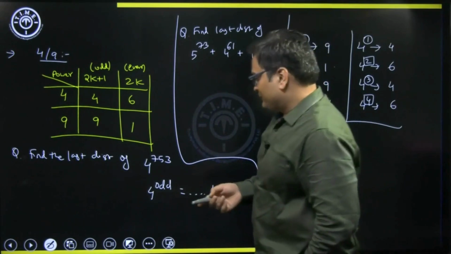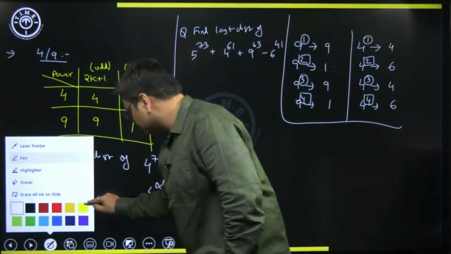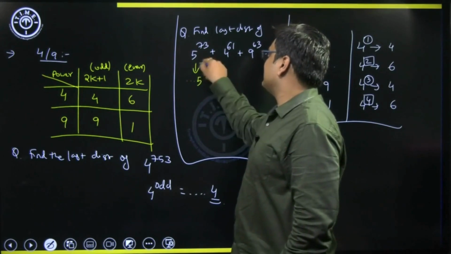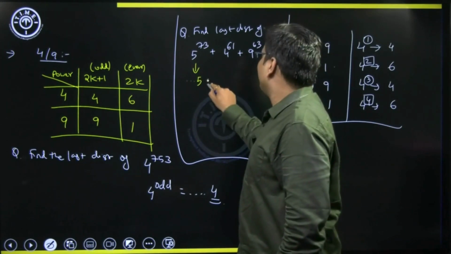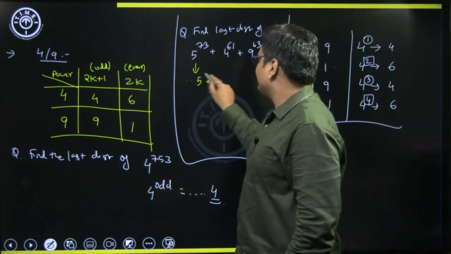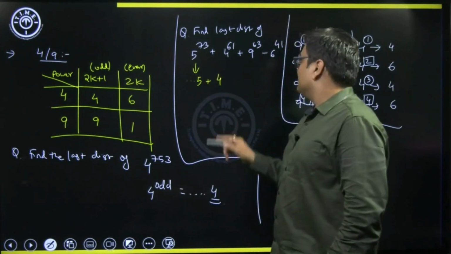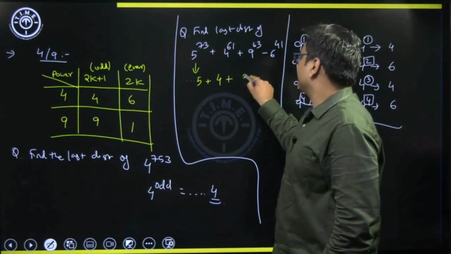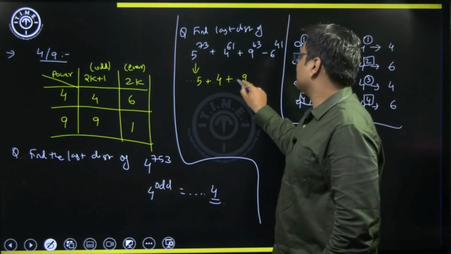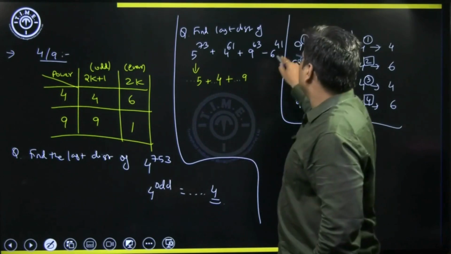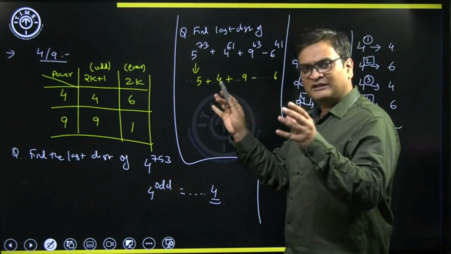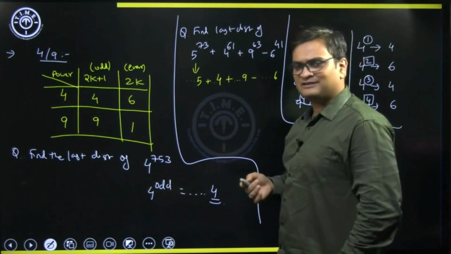The way to answer this would be, 5 to the power anything will end with a 5. So the last digit here is 5. 4 to the power odd will end with a 4. 9 to the power odd will end with a 9. And 6 to the power anything will end with a 6. We'll only be working with last digit because the question is to find last digit.